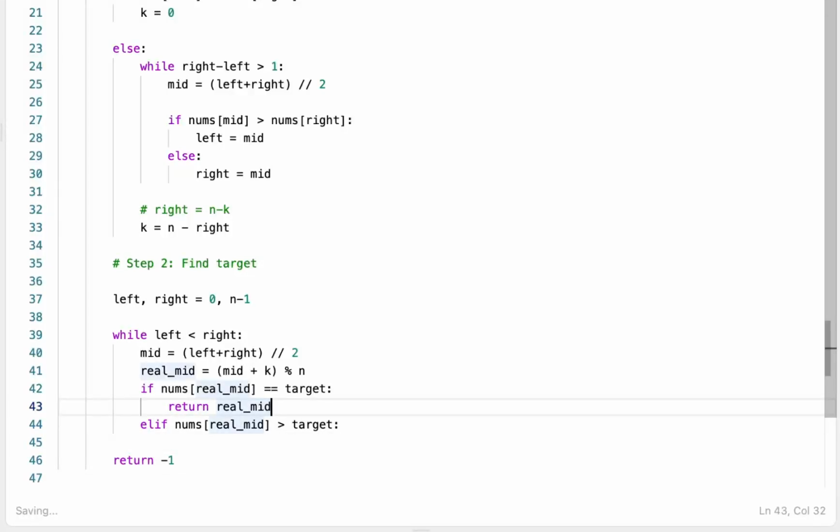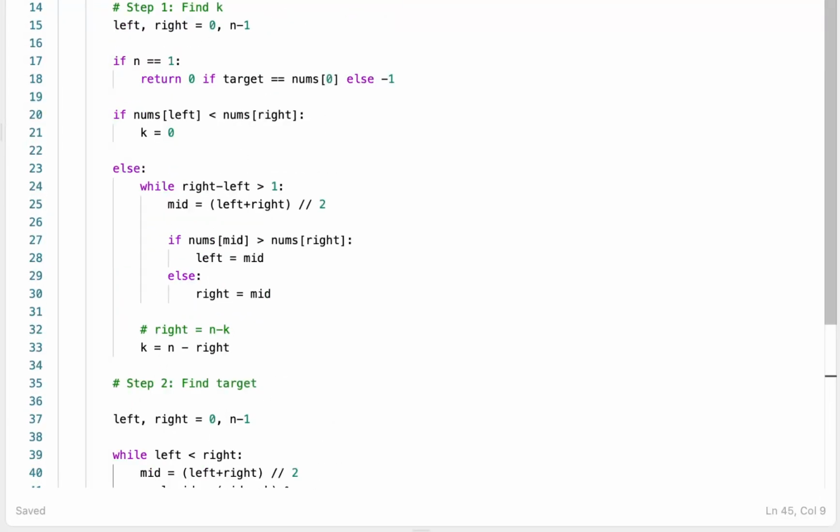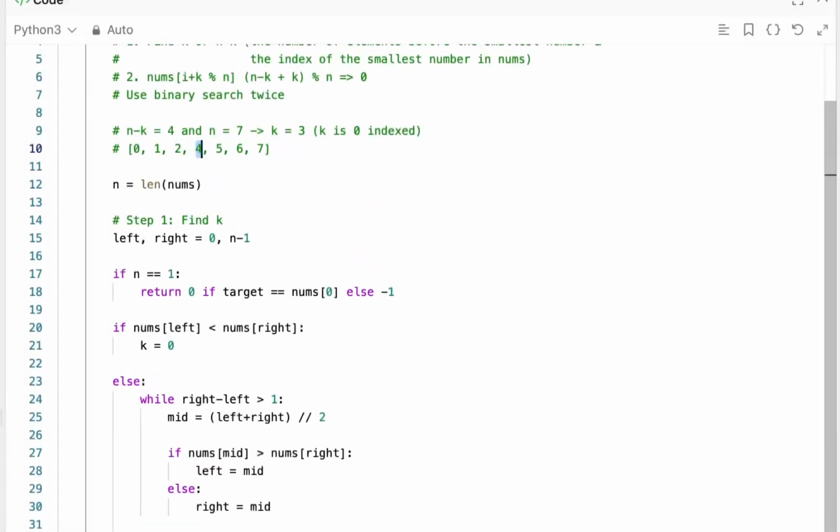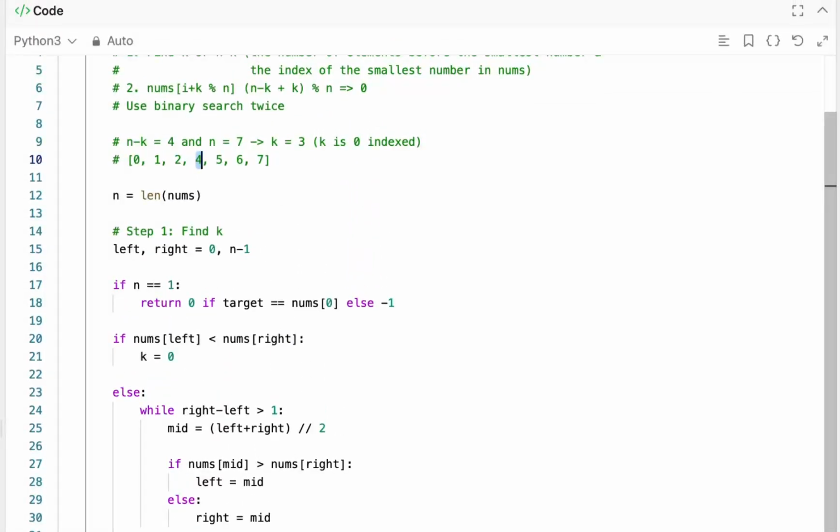But the thing is, if nums at real mid is strictly superior to the target, what does that mean? If this one is superior to the target, we should go to the left, right?